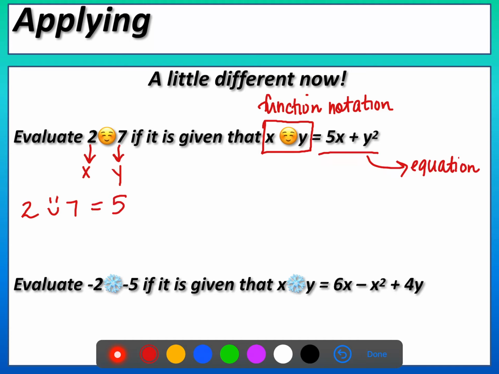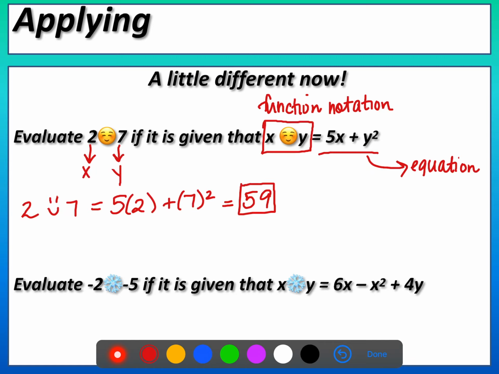So 2 smiley 7, 5 times 2 plus 7 squared. So 2 smiley 7 would equal 59.